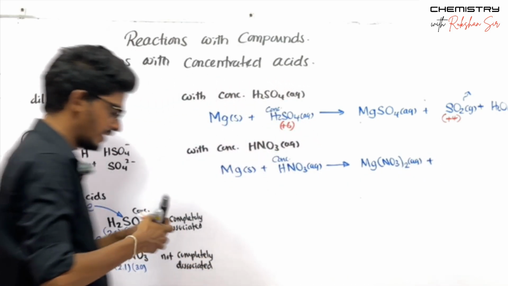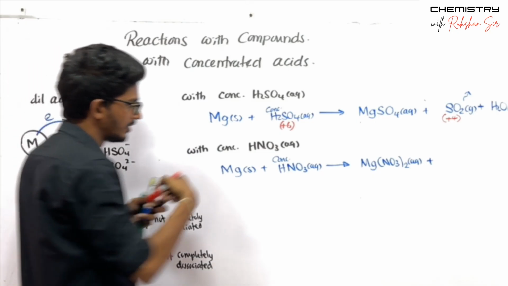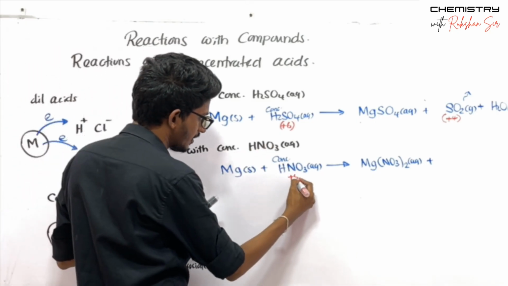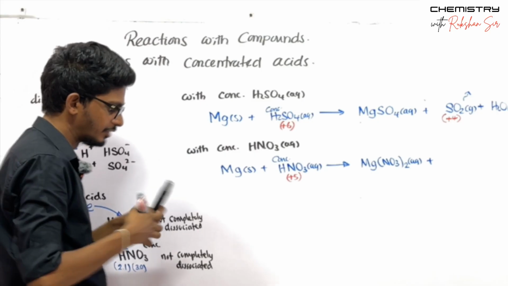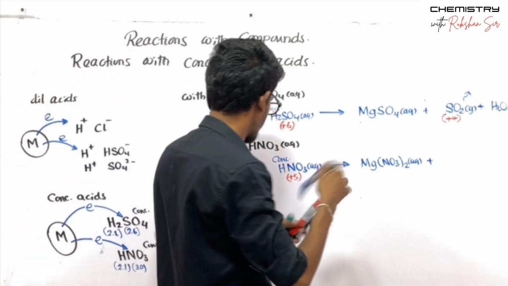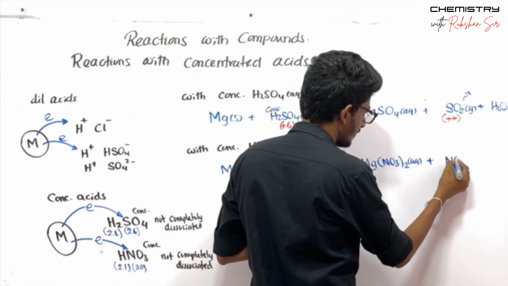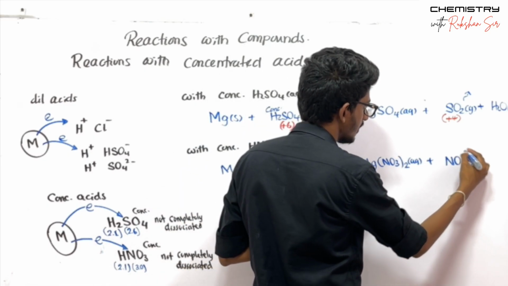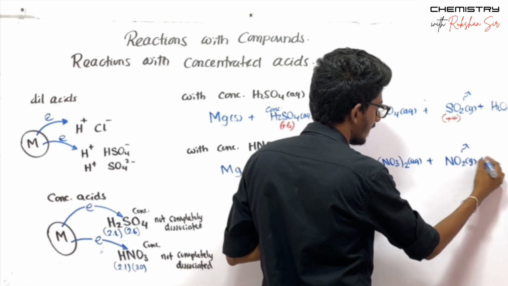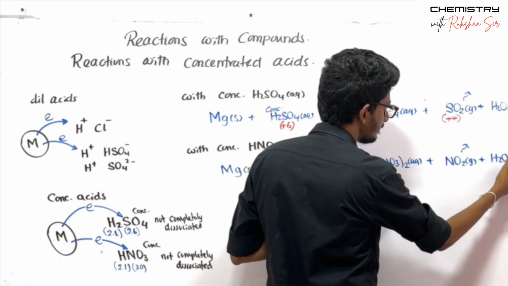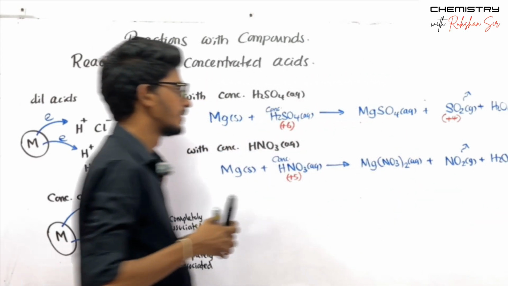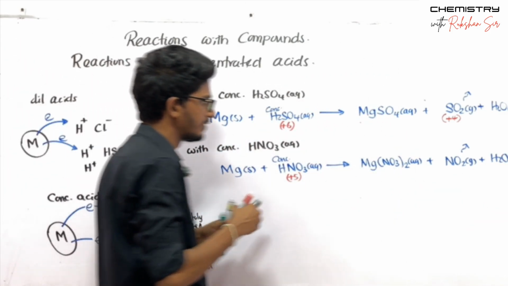And here as well, nitrogen is the one to get reduced, not the hydrogen. So the plus 5 oxidation state of nitrogen here will get reduced to NO2 gas, and both will be produced. So that is the reaction.